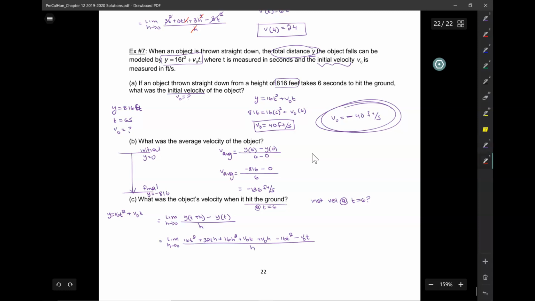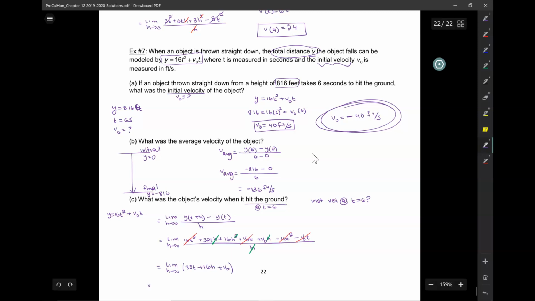Okay, let's see what can cancel here. 16t squared, negative 16t squared, v naught t, v naught t. Now let's see if we can get rid of some h's. One h, one h, one h, one h. Now this is the limit as h approaches 0 of 32t plus 16h plus v naught.